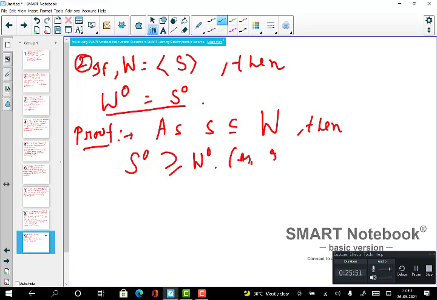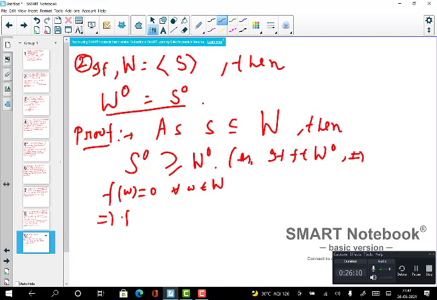If f belongs to the annihilator of W, this implies f(w) equals 0 for all small w belonging to capital W. This implies f(v) equals 0 for all v belonging to S, because S is also inside W, and this implies f belongs to S naught, right?